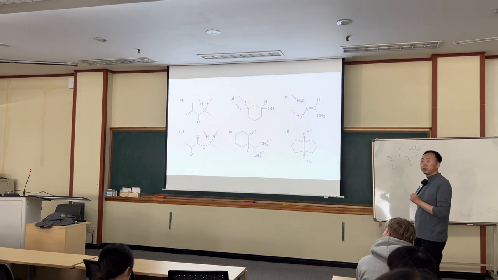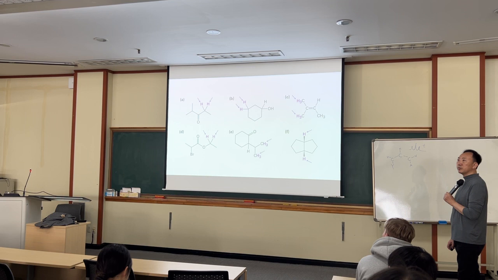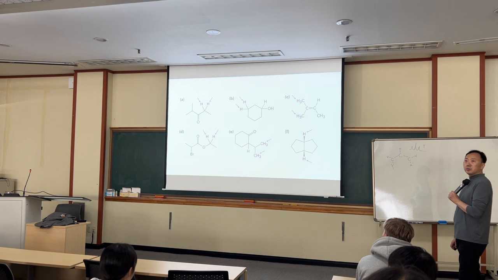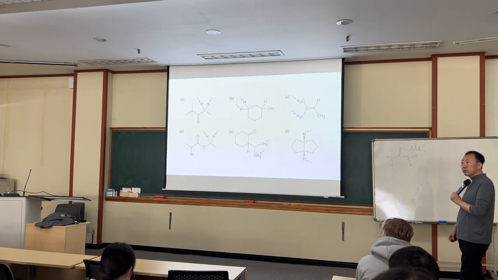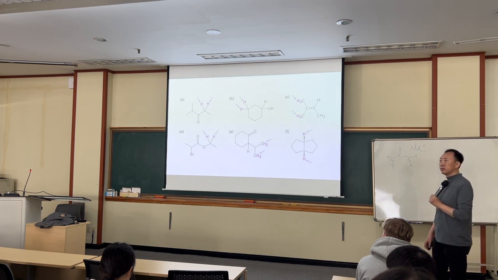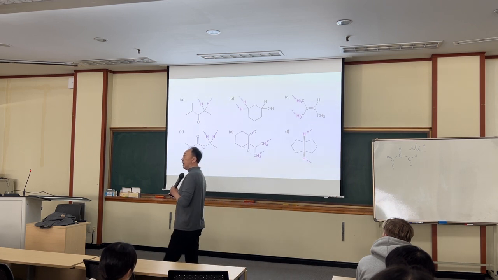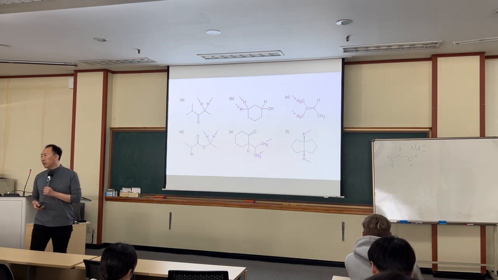This one: if you change one of these into T, there is still a plane of symmetry here, right? Same molecule, homotopic. So I have to change it and see whether it forms an enantiomer, a diastereomer, or the same molecule. That's what determines it.